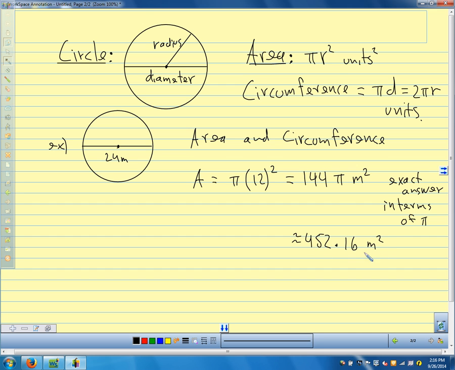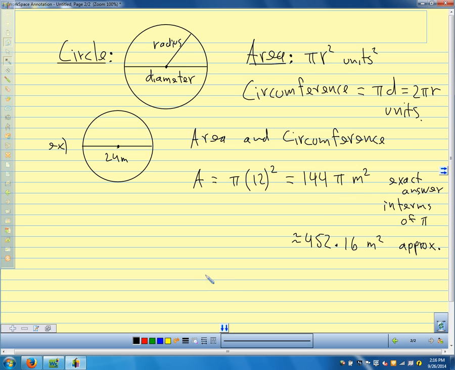And this would be the approximate answer. So if they ask for the exact answer, you would leave your pi in there and you just multiply and do whatever with the numbers and leave pi in your answer.